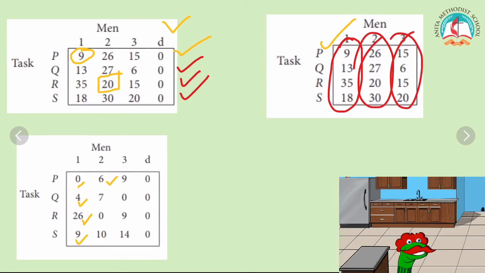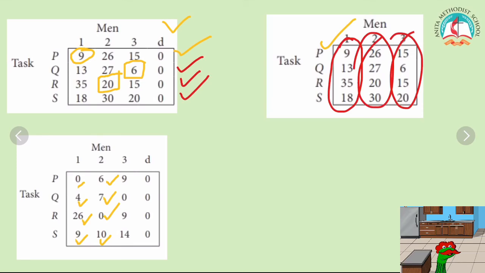So 26 minus 20 is 6. 27 minus 20 is 7. 20 minus 20 is 0. 30 minus 20 is 10. Now coming to the third column, 6. So 15 minus 6 is 9. 6 minus 6 is 0. 15 minus 6 is 9. 20 minus 6 is 14. And the last column is dummy, therefore write as it is.